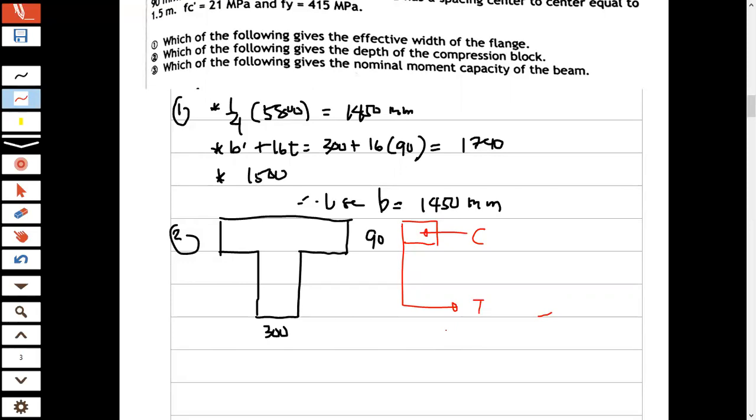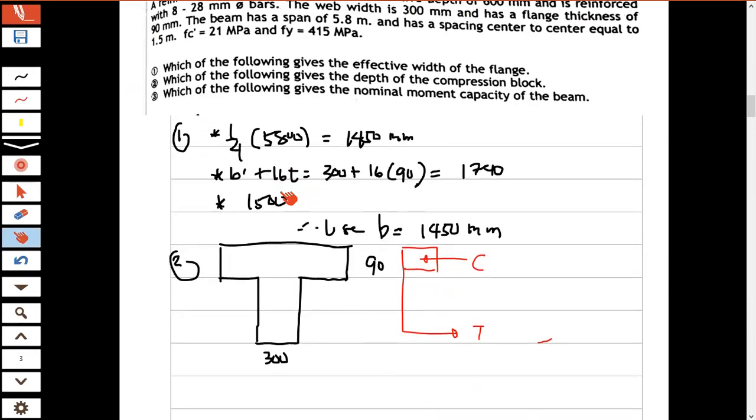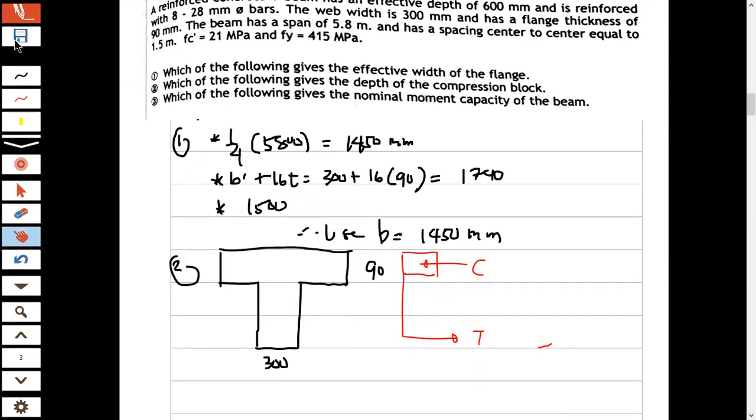So, this one has given yatang, what's this given? Given yung reinforcement, ano? So here, you have this one. Okay, this is 8-28, 28 diameter. So if you have As, actually this one is As fy.